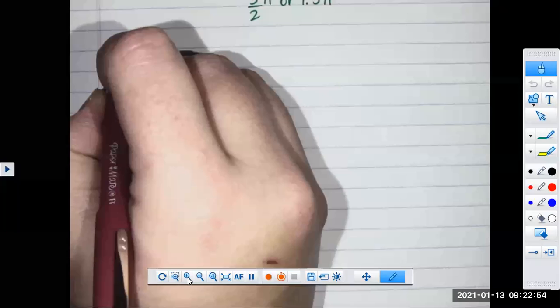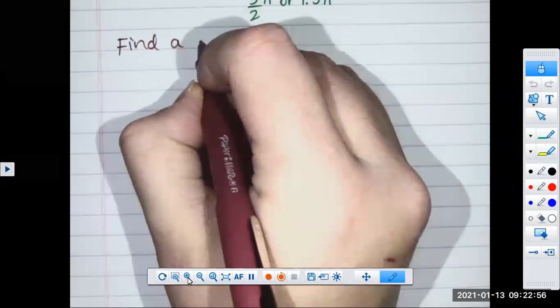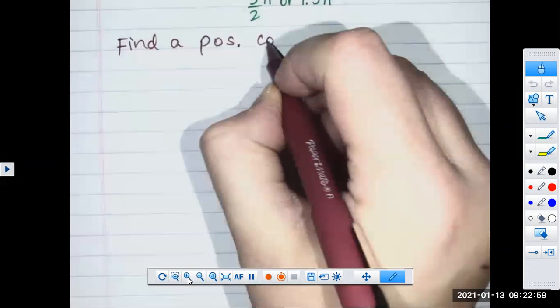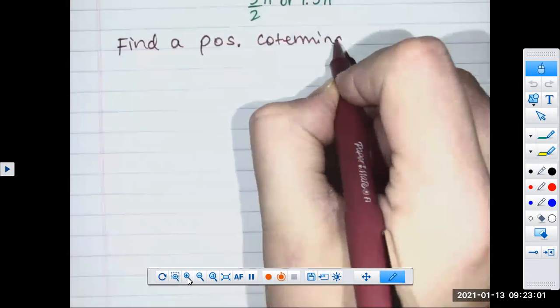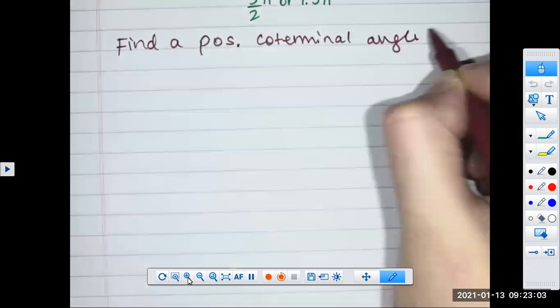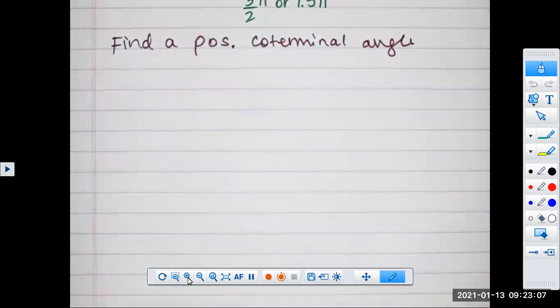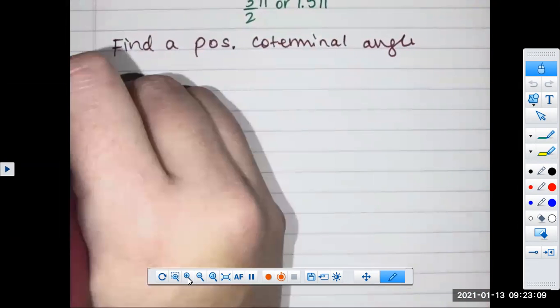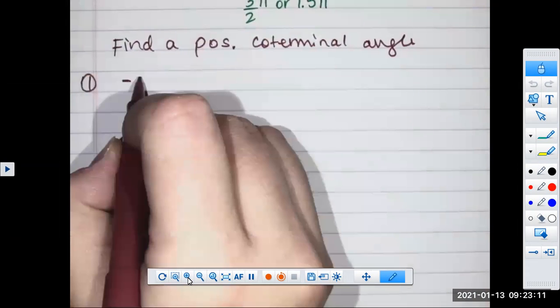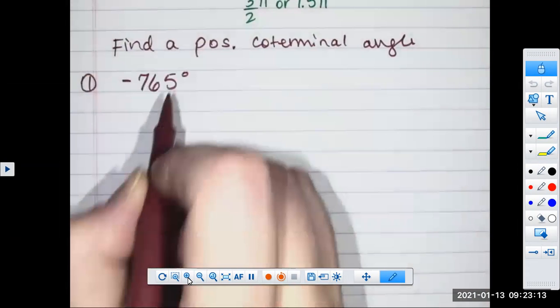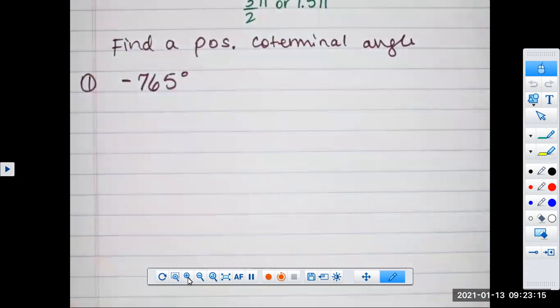Okay, find a positive coterminal angle that's less than 360 degrees or 2 pi, that's coterminal with this one. So we have negative 765 degrees. We want our coterminal angle to be positive. We're starting out negative, so do we add or subtract 360?